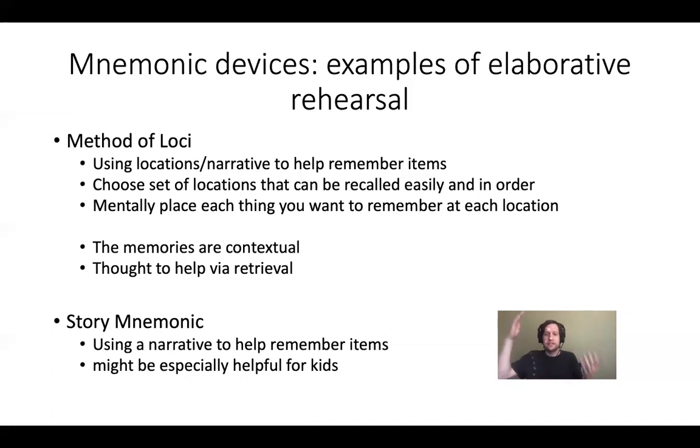You have a list of maybe 10 items, and for each item, you imagine it at some known location, and then you travel along the path of those locations in your mind, and at various landmarks, you imagine seeing the item. The idea is that this should help you later on to remember the words on the list.